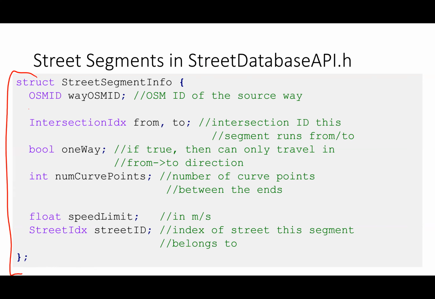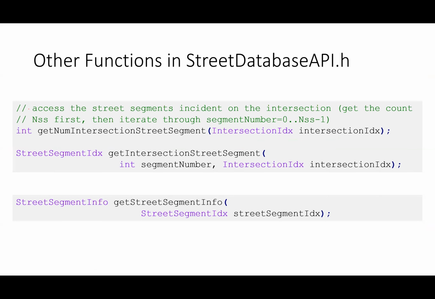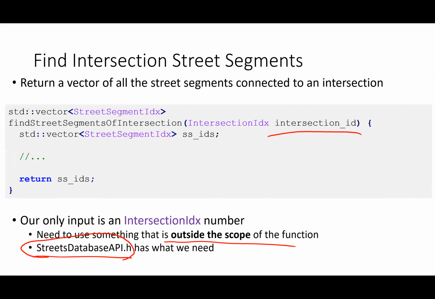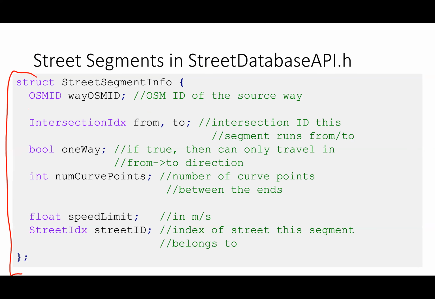You don't need all this information for this function, but some of it can be useful. Every street segment knows the two intersections at its two ends. It's got a from and it's got a to, so those are two different nodes. They both have IDs, and the street segment I'm thinking of is right here. It has a Boolean value, one way.